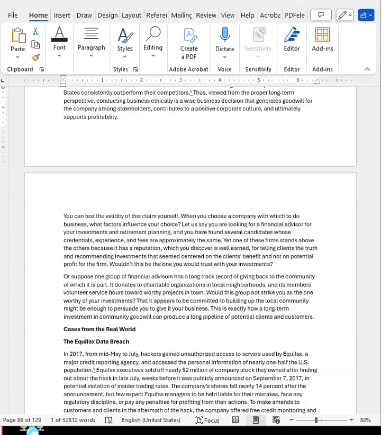The Equifax data breach. In 2017, from mid-May to July, hackers gained unauthorized access to servers used by Equifax, a major credit reporting agency, and accessed the personal information of nearly one-half the U.S. population.